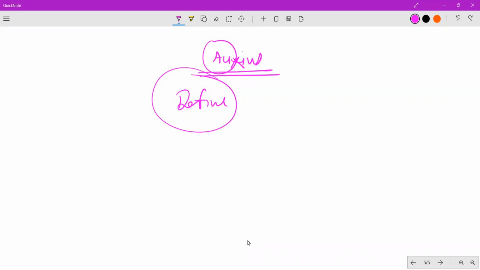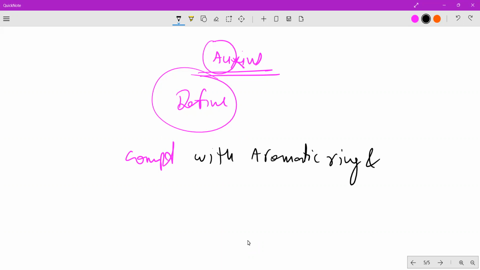So we know auxins are organic compounds with an aromatic ring. Remember, auxins have an aromatic ring. So they are compounds with an aromatic ring and a carboxylic acid group.